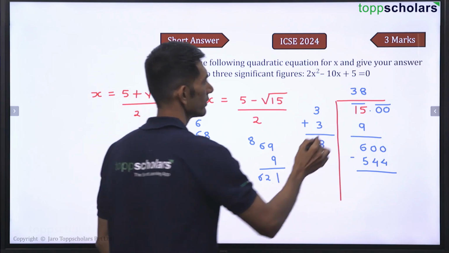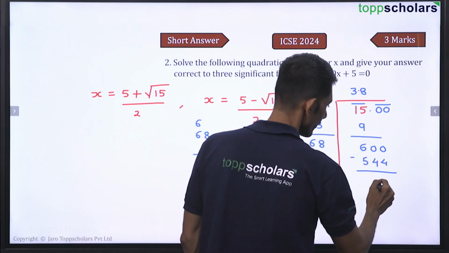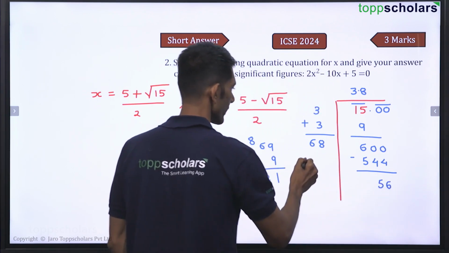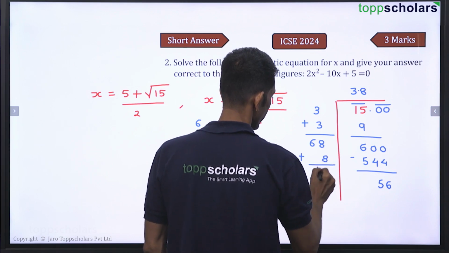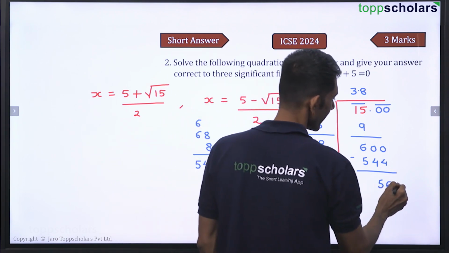Right? This is dot decimal here. So this gives you 56. This is 68 plus 8 is 76. Then again I get 2 zeros, right?